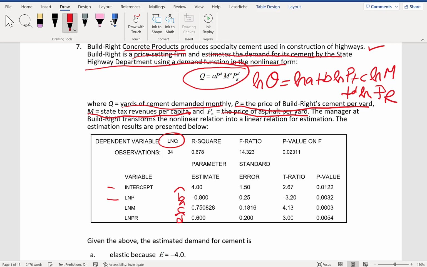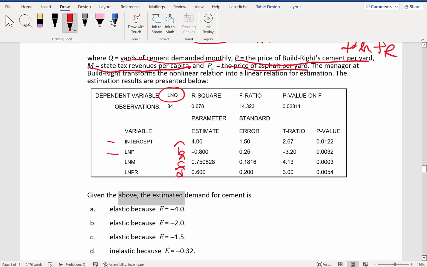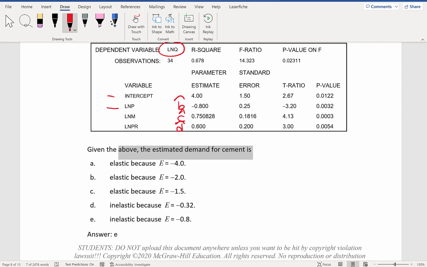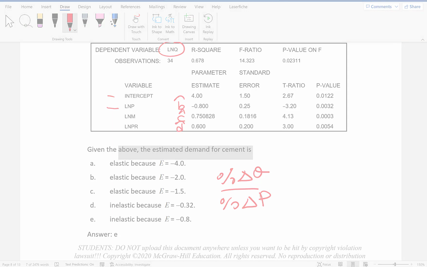So let's continue. Given the above, the estimated demand for cement: the percent change in quantity divided by the percent change in own price is the elasticity.